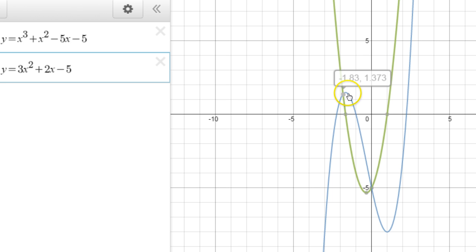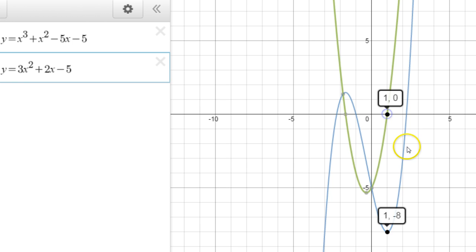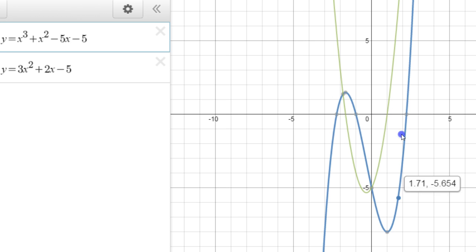Then it starts decreasing, slows down, and then all of a sudden at this number, how does that look familiar? It's the same as the first derivative test point that we got. So it's decreasing until it gets to 1, and then it's increasing the rest of the time.